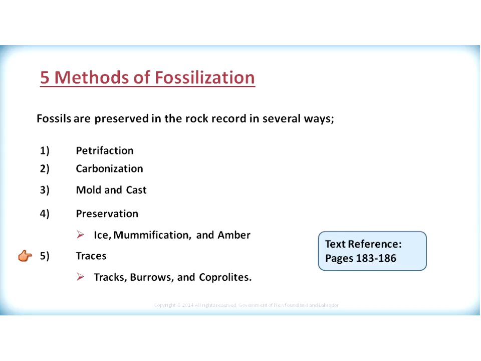And a fifth type of fossilization are trace fossils. These include tracks, burrows, coprolites, and stomach stones. In the textbook, you can find references on the methods of fossilization on pages 183 to 186.